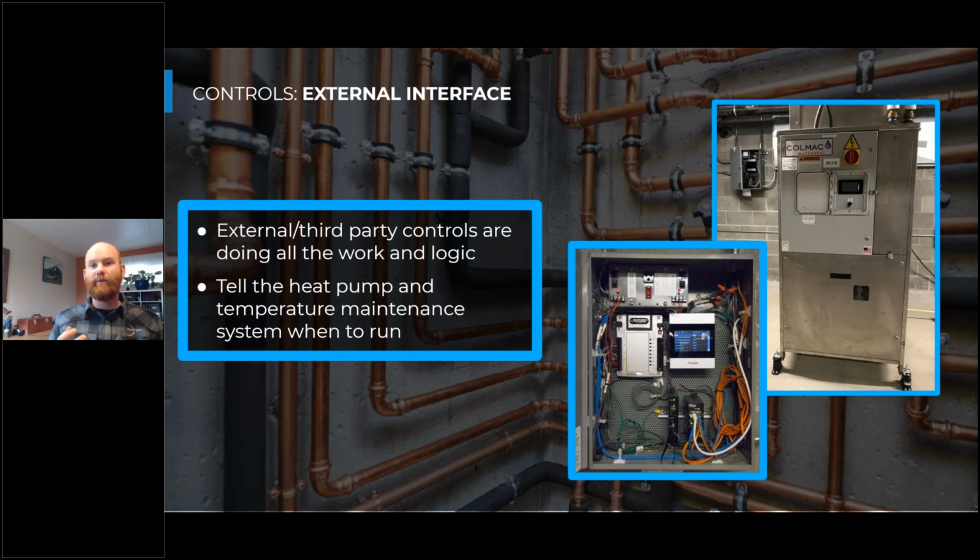In that example, we had a sewage ejection pump, various backup equipment, primary heat pumps, temperature maintenance heat pumps, and a lot of controls to understand and diagnose and reduce the potential for issues in that more complicated system. So there definitely are reasons to look to use one of these more built up external third-party controllers when we're dealing with numerous pieces of equipment in these larger commercial buildings.